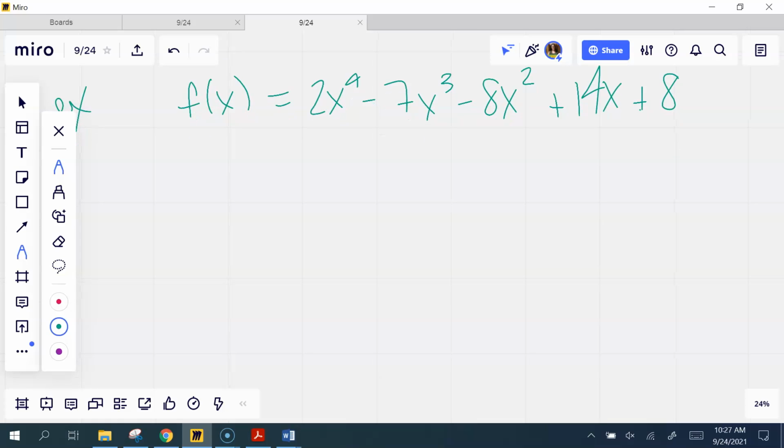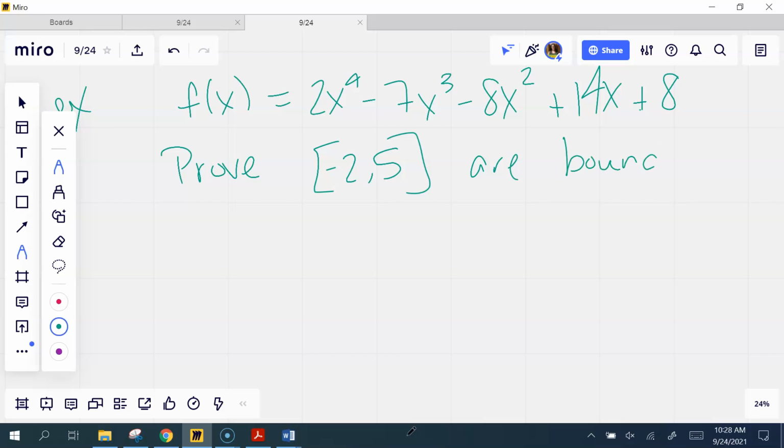All right. This is the way these are going to be set up most of the time: show that this is an upper bound, show that this is a lower bound, or show that these are the bounds for the function.